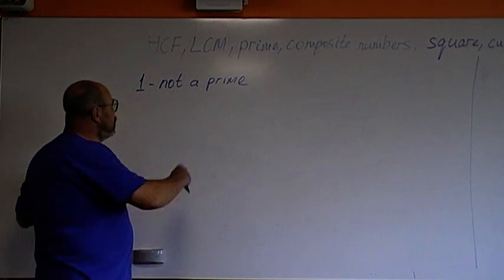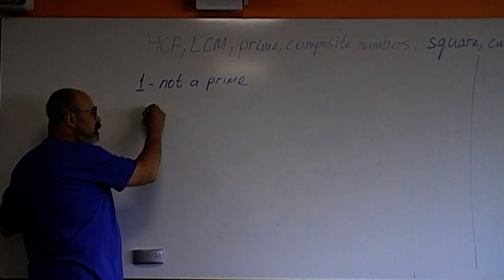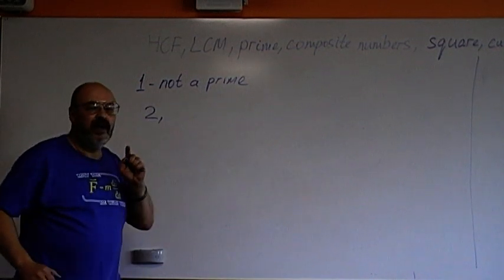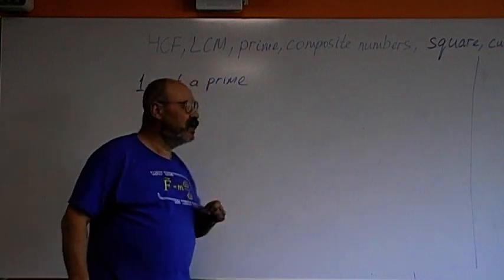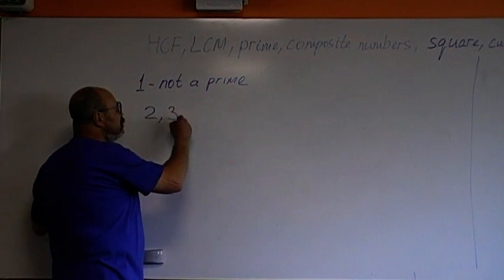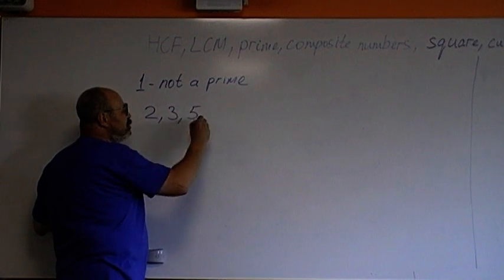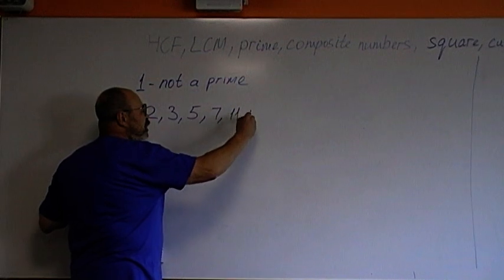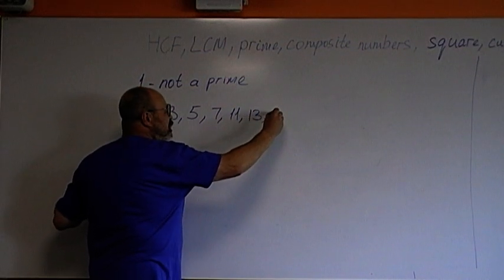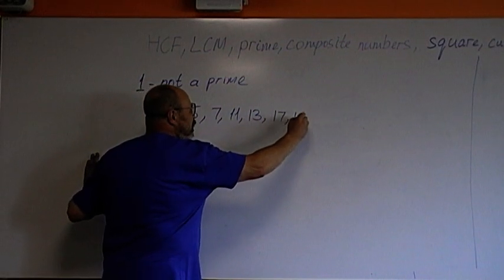So let's list: what's the next prime number? 2. By the way, 2 is the only even prime number. The next primes: 3, 5, 7, 11, 13, 17, 19, and so on.